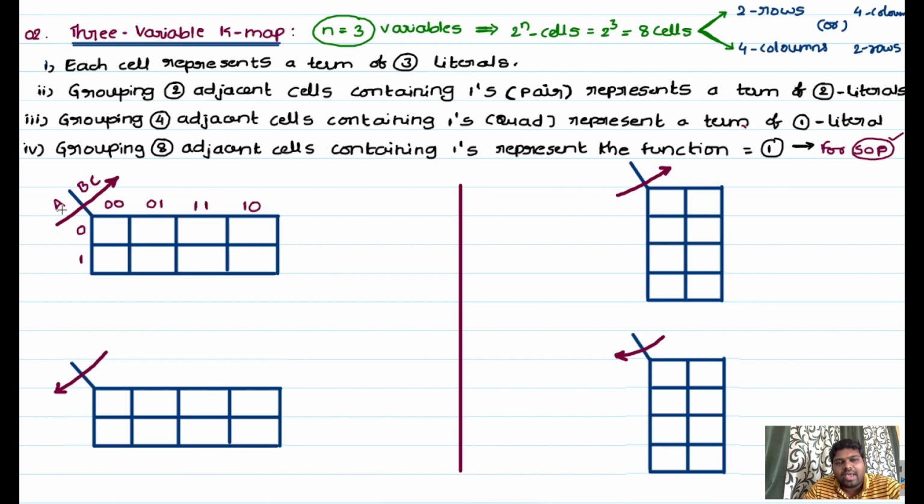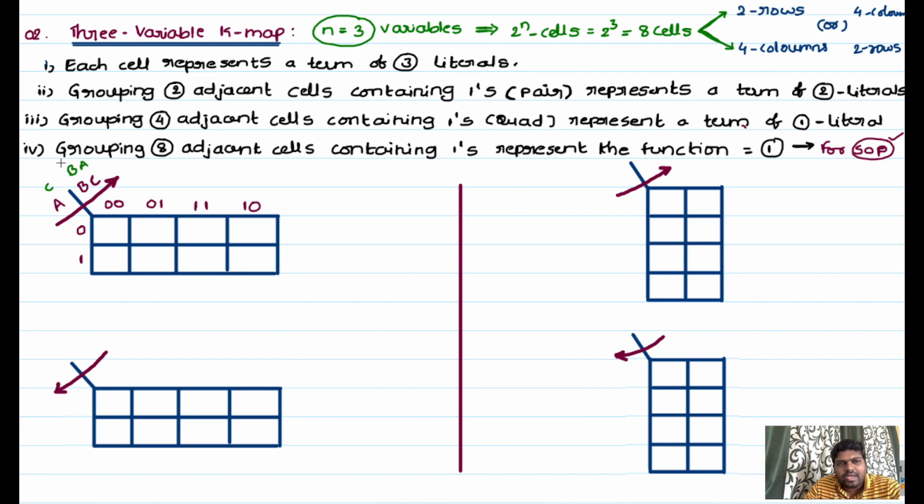Here I took the order A B C. If you want to take a different order, no problem. You can take A here, B here, C here, or any other order, and you will get the same boolean expression while arranging this K-map.